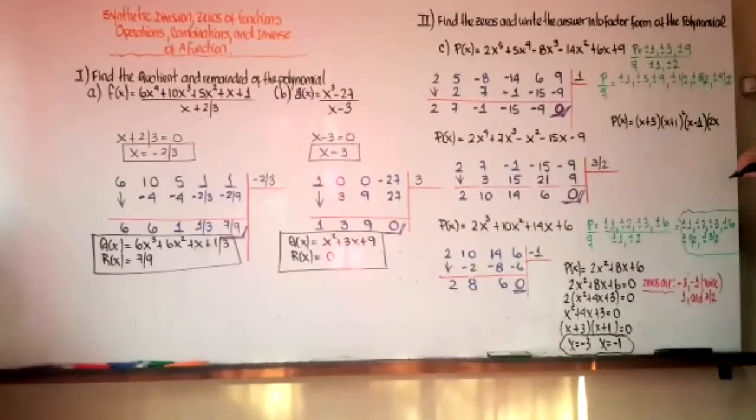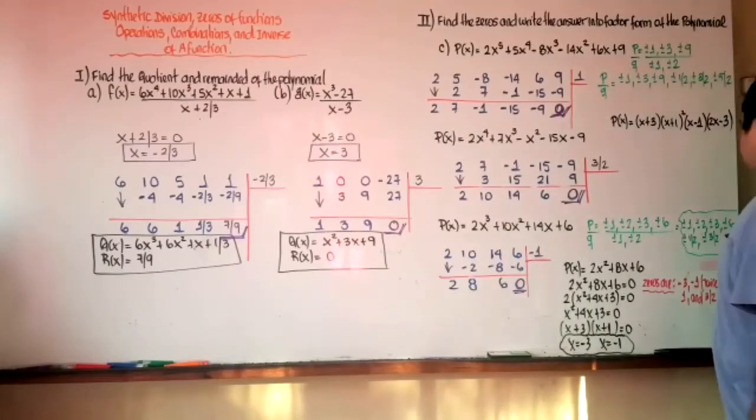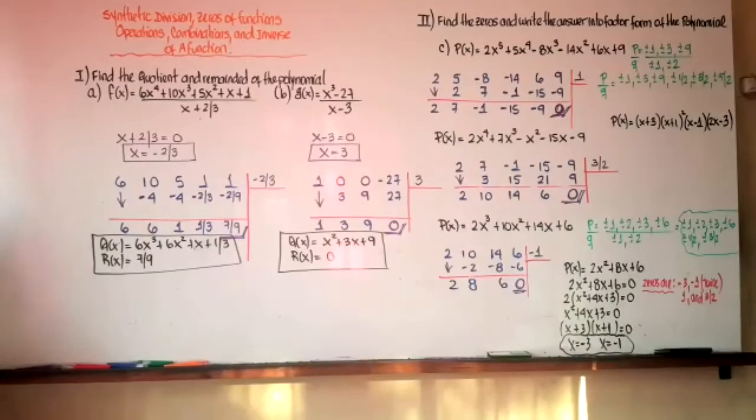It is 2x minus 3. Because if you have 2x minus 3 equals 0 and you solve for x, the answer will be 3.5. And this is, my dear students, the answer. These are the zeros of the function: negative 3, negative 1, multiplicity of 2, 1 and 3.5.